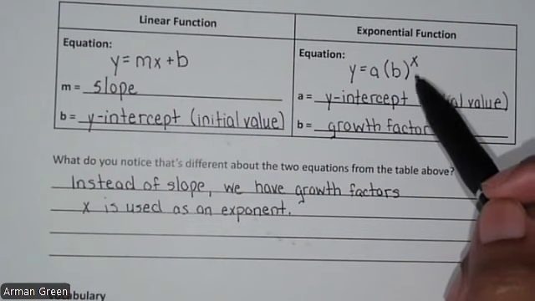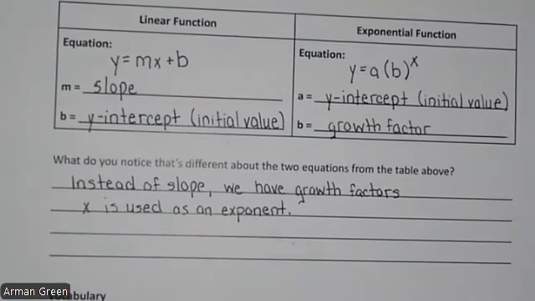X is actually the exponent itself. That is telling us what power I am going to raise some number to. It's a little bit the opposite of what we've maybe been dealing with before, and that might throw us off a little, but it's nothing you should be concerned or scared about. It's just going to help us identify what our graph is going to look like. So it's nothing to worry about.